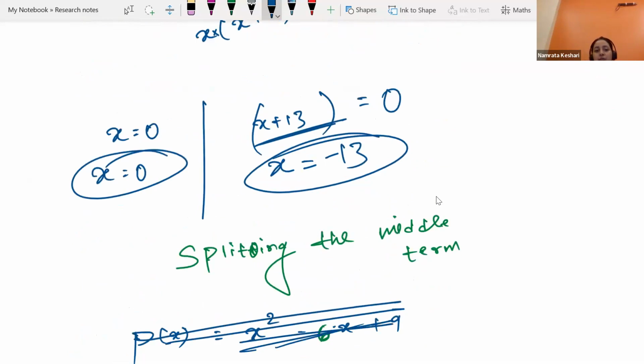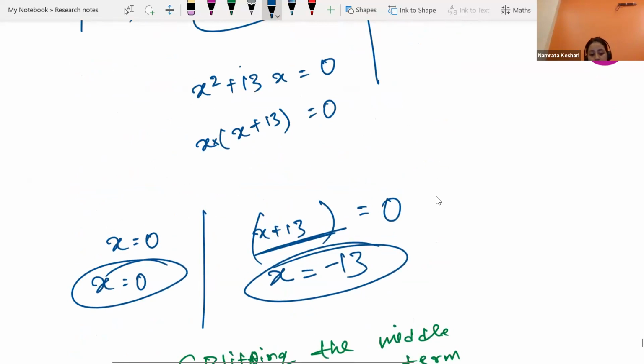Okay, don't copy it. I will change the example because I'm going to properly teach you how to split the middle term. It is that important. In class 10, class 11, 12, any time you can encounter a scenario where you have to split the middle term. And from now onward, all the teachers will expect that you already know. We don't have to teach it.